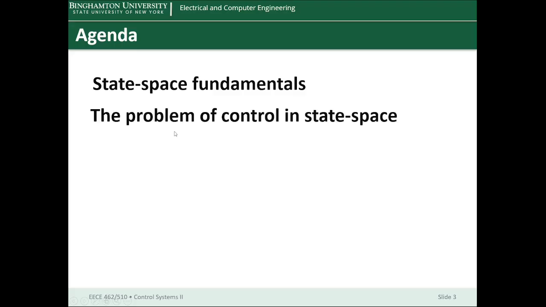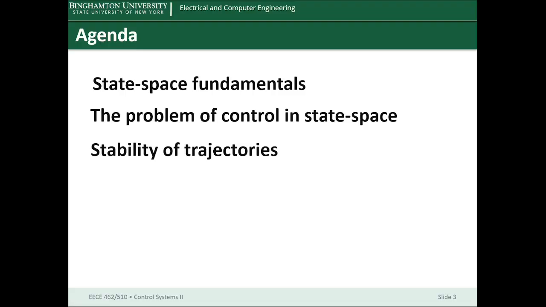In the second part, we will discuss the control problem in state space. We will see that most control problems can be separated into two control categories: trajectory tracking and regulation around an equilibrium point.